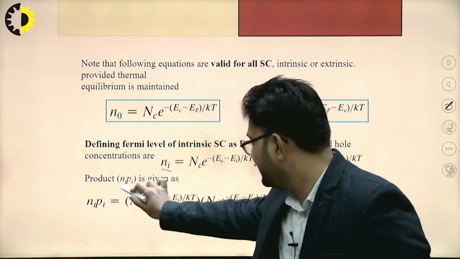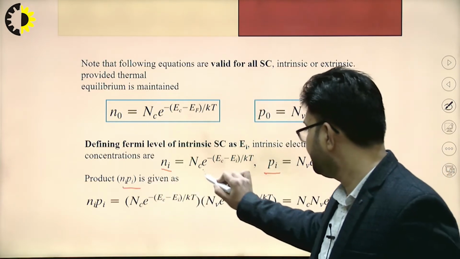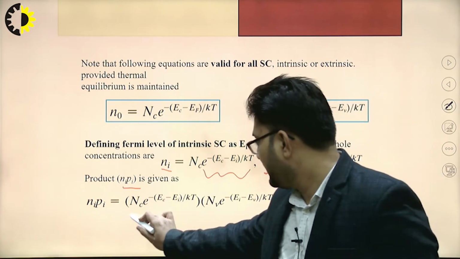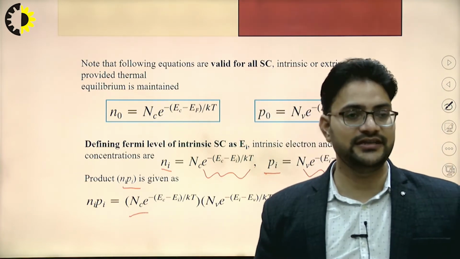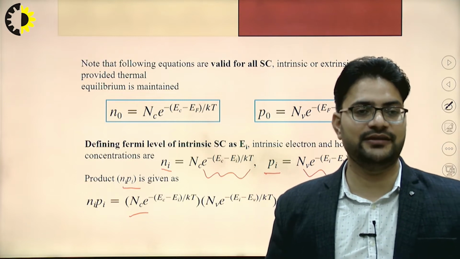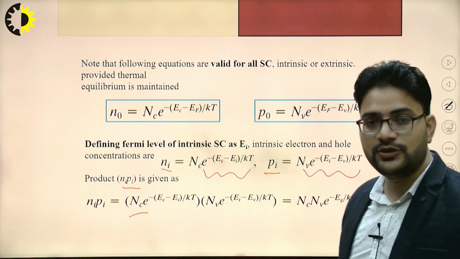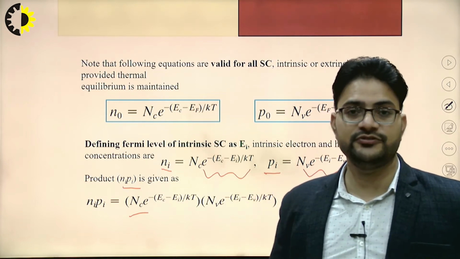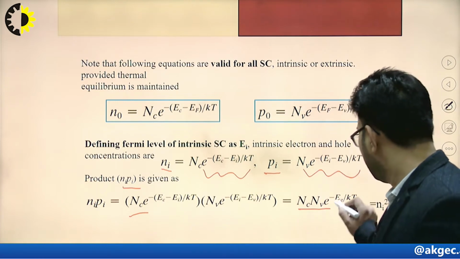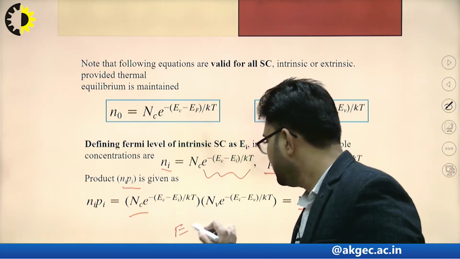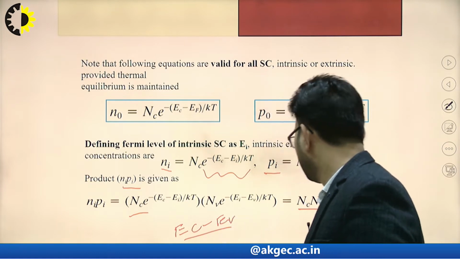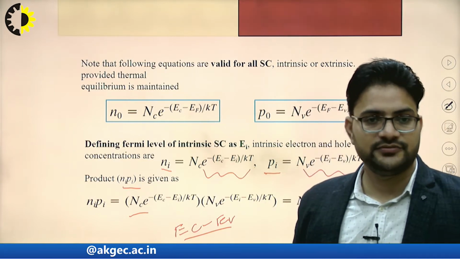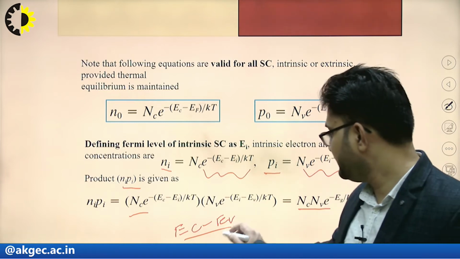This Ni into Pi can be computed by multiplying these two, which is equivalent to Nc exponential of minus Ec minus Ei divided by Kt, multiplied by Nv exponential of minus Ei minus Ev divided by Kt, which is equal to Nc into Nv multiplied by exponential of minus Ec minus Ev divided by Kt. Now Ec minus Ev will be equal to Eg.